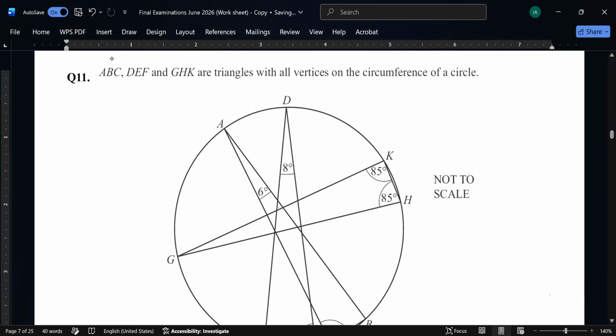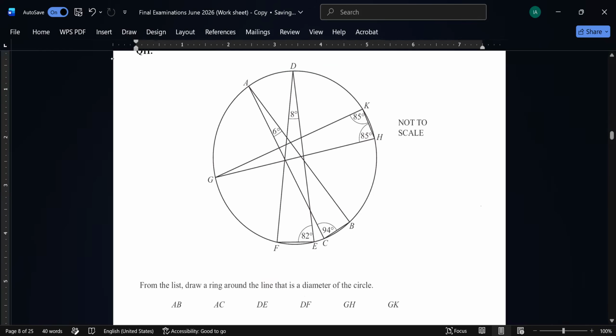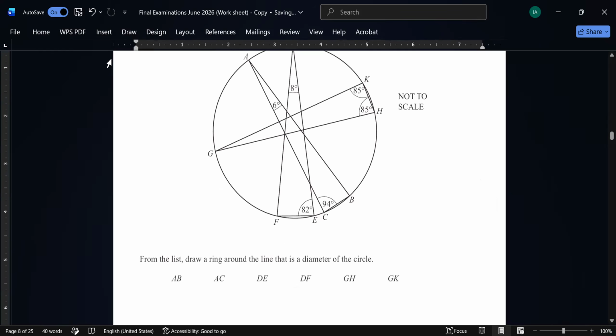In this question, they mention what they ask you. From the list, draw a ring around the line that is the diameter of the circle. How can we identify a line as a diameter?